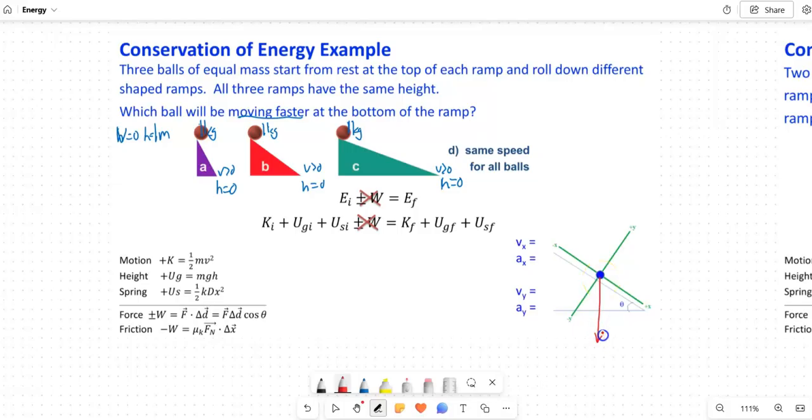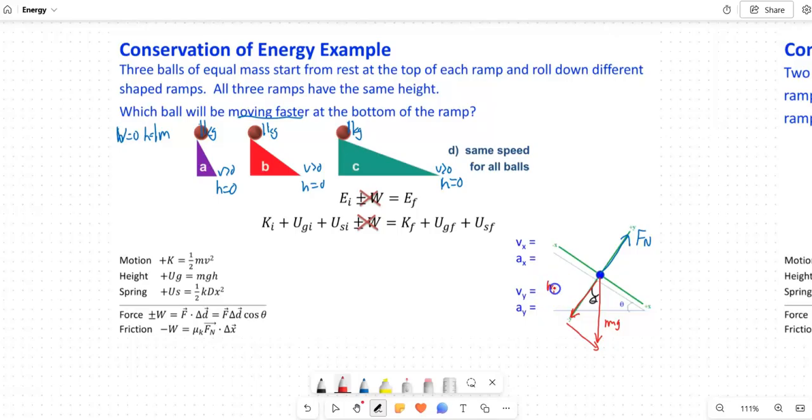So mg is acting down on this. The normal force is going to be acting up here, away from the ramp. And remember, from your force diagrams, the inclined plane stuff, that theta will be this theta. And so this is going to be the mg vector in the y direction, and this part is going to be the mg vector in the x direction.